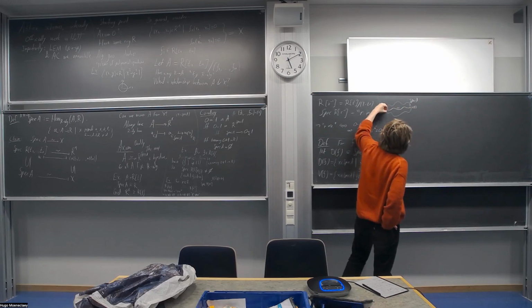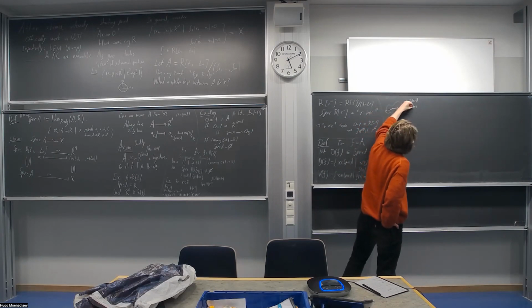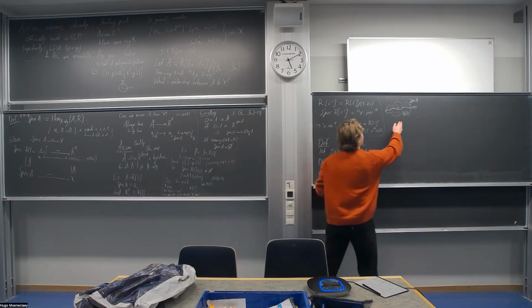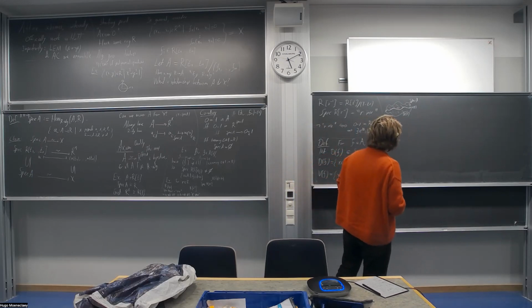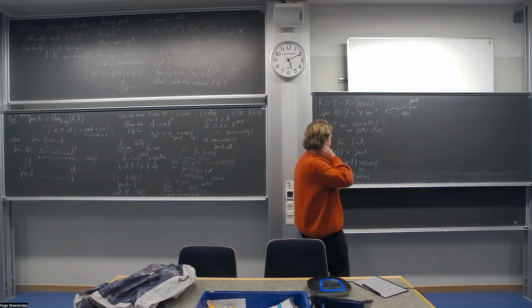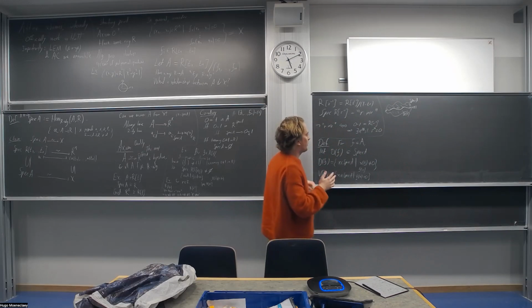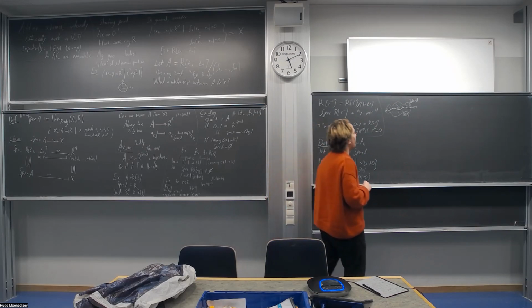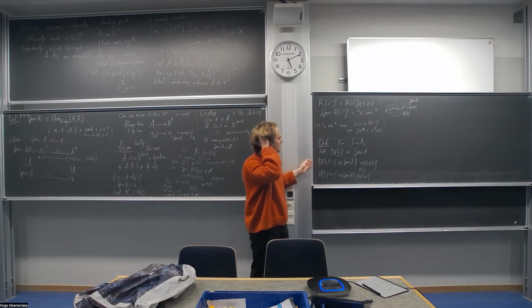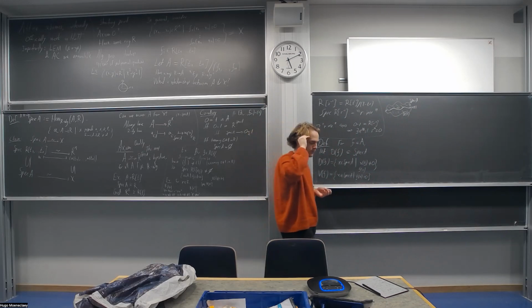So this is the vanishing locus of f, and then its complement, everything else, is D(f). D stands for non-vanishing. Okay, so this gives some kind of approximation to a topology on Spec A. We can talk about at least these basic examples of closed and open subsets.